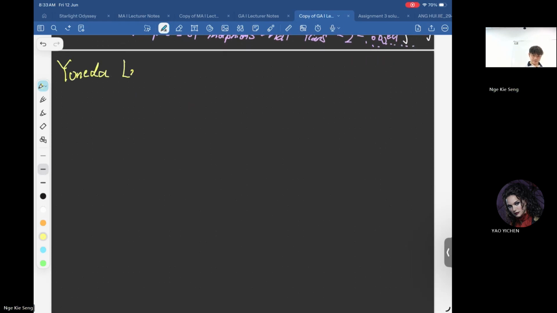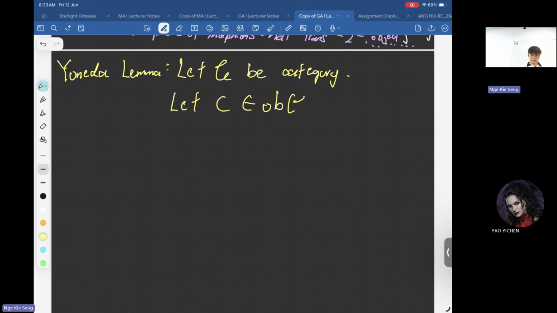Yoneda's lemma. So let C be a category, and let little c be an object of category C. And then let F be a covariant functor.